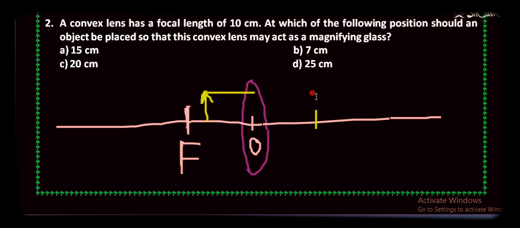One focus will be on the right hand side also. So this ray will pass through the focus after refraction.